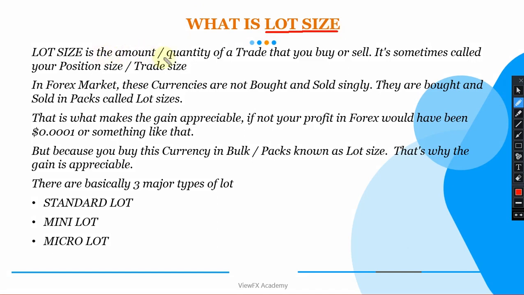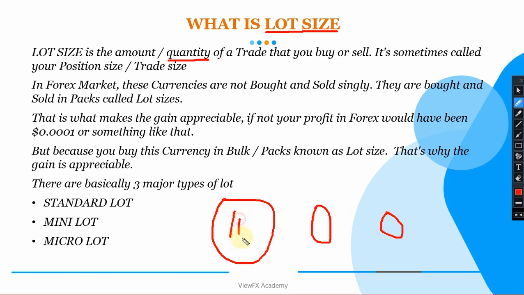So lot size is the amount or quantity of a trade that you buy or sell. You can see the word quantity. I can have something like this, I have something like this, and I have something like this. Inside here, I can have 10.